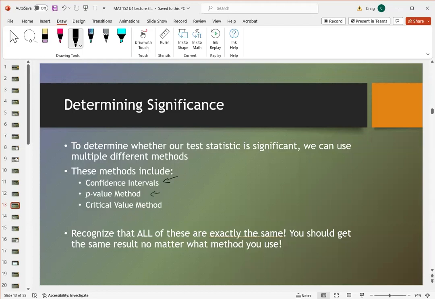But the other ways are what are called the p-value method, the p-value representing the probability, so basically just directly calculating the probability, or what's called the critical value method. I'll show you both of these as we go along with examples in the next few sections. Recognize that all of these will be exactly the same. It doesn't matter which method you use to determine the significance, you should always get the same result.